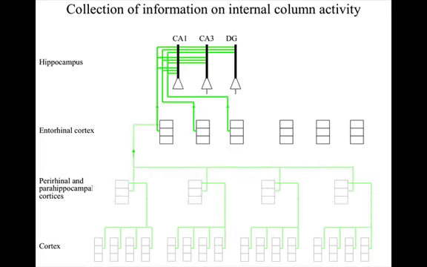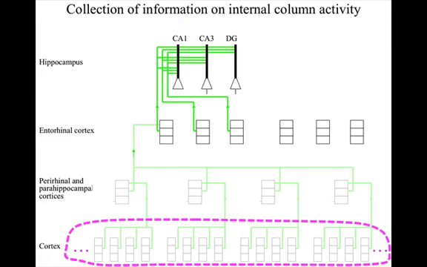Then, layer 2-3 activity in the entorhinal cortex columns is communicated to neurons in the hippocampus proper: granule cells in the dentate gyrus, pyramidal neurons in CA1 and CA3. So these hippocampal neurons have receptive fields that are extremely large supergroups of cortical columns that have tended to expand their receptive fields at the same time in the past.